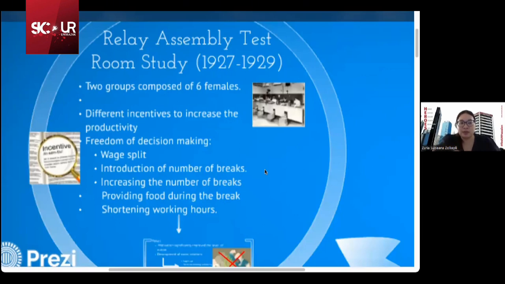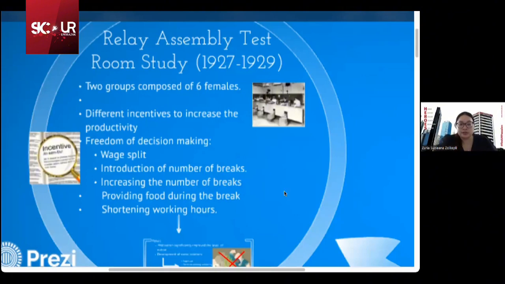But the second, special group was given more breaks within their working hours, and free lunch during the break. Their working hours were also shortened. They could leave 30 minutes early, and instead of working 6 days a week, they only worked 5 days a week. So those are the things they manipulated in this research.